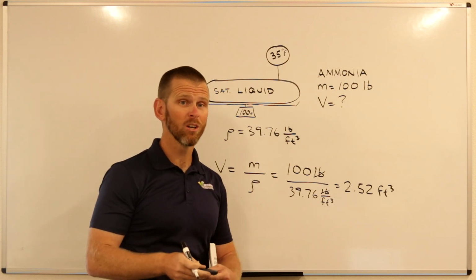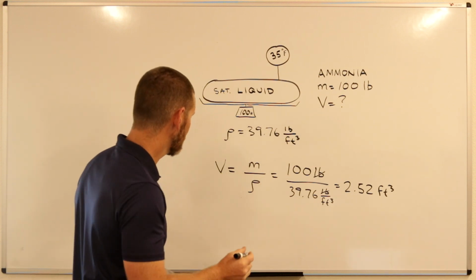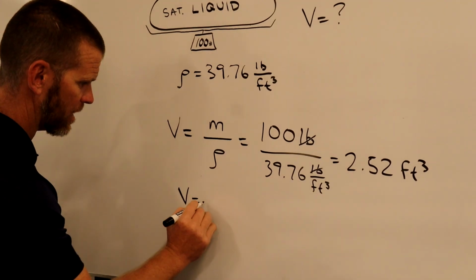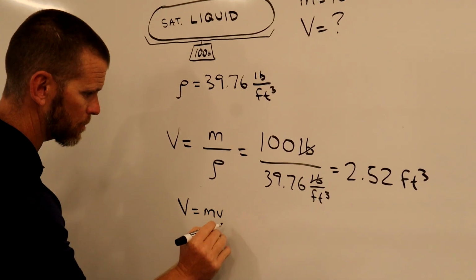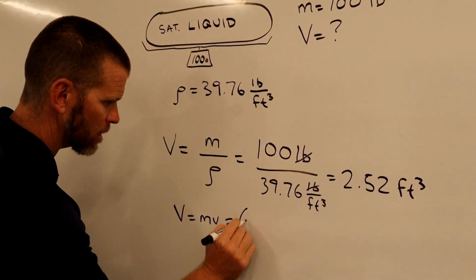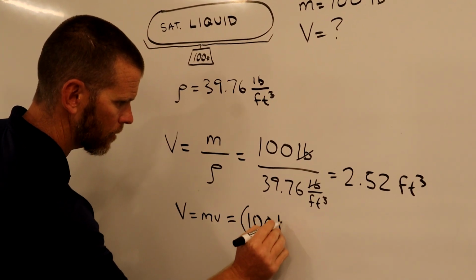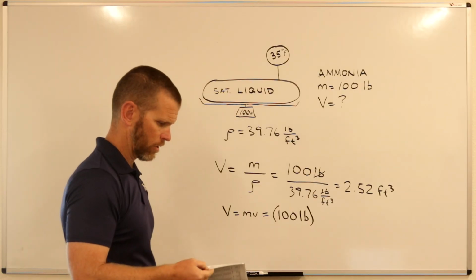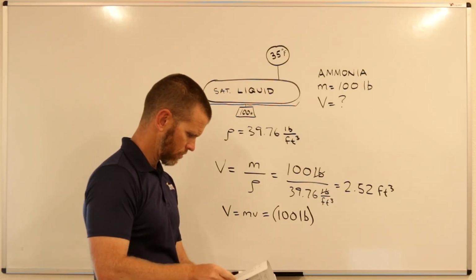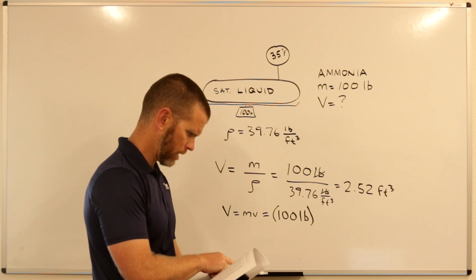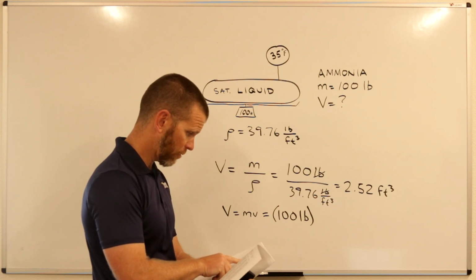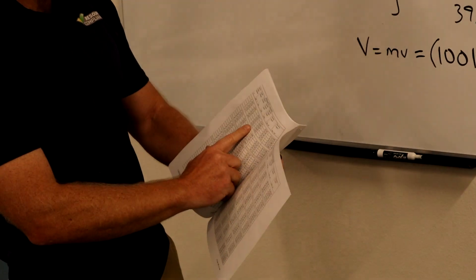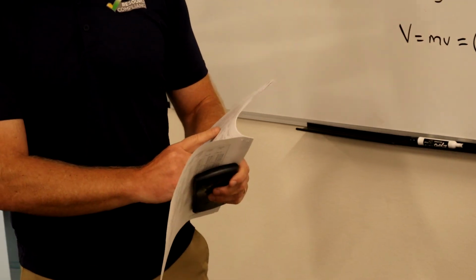Just like the other problems, we could have also solved this using specific volume, because volume, or big V, equals mass times little v, specific volume. Our mass is 100 pounds. Let's look at what the specific volume is at 35 degrees Fahrenheit. Okay, so now I'm going to go to the 4th column, and I find that the specific volume of liquid at 35 degrees is 0.0252.